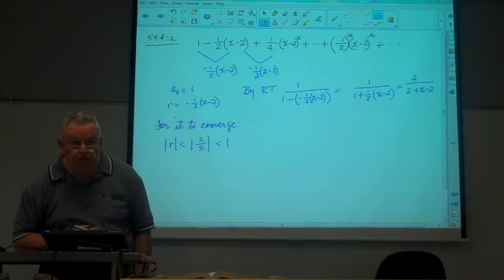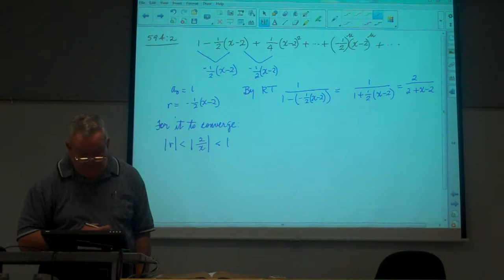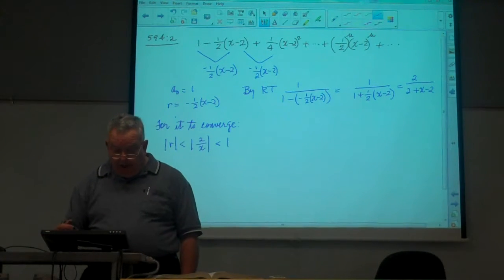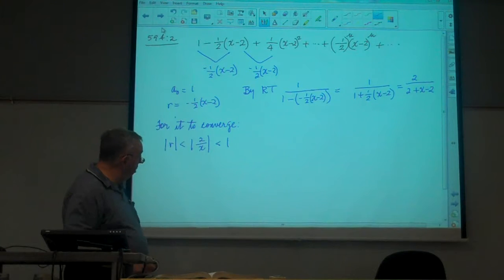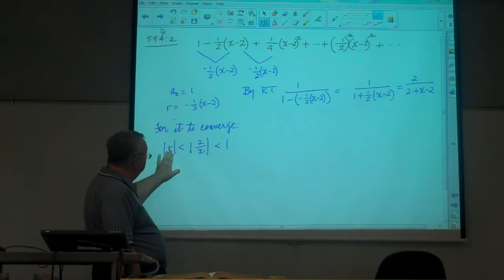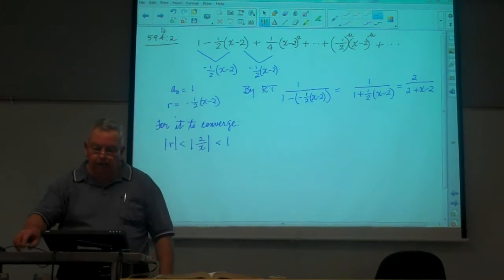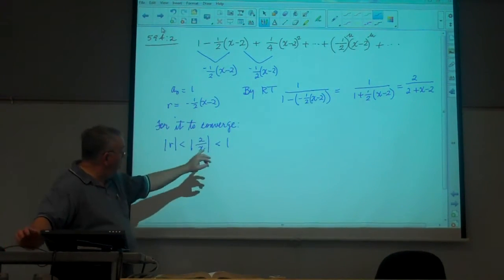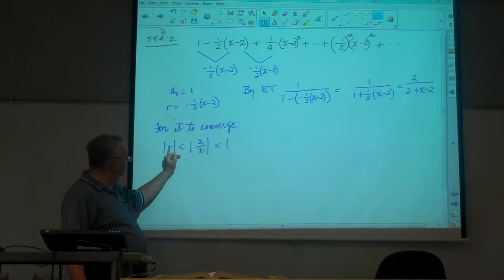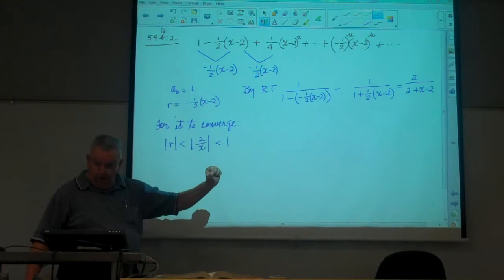So how come you're taking the absolute value of the ratio test and not R itself? I'm taking the absolute value of R. The ratio test calls for the absolute value of R to be less than 1 in order for it to converge.